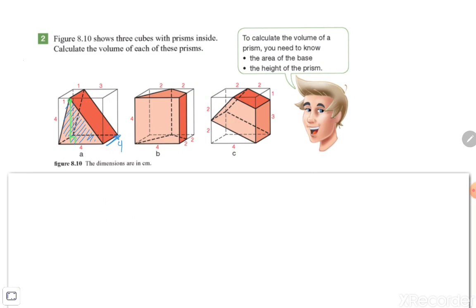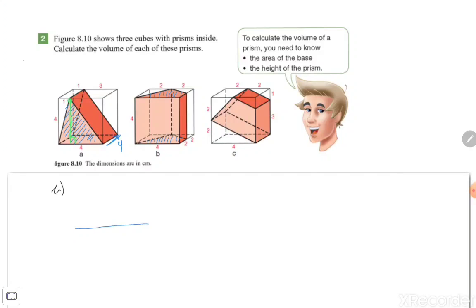Let me go on with exercise B. First, we need to find the base of my prism. Here at the top you will find the base of my prism, because it's exactly the same as the bottom. So I'm going to make a sketch of that base.